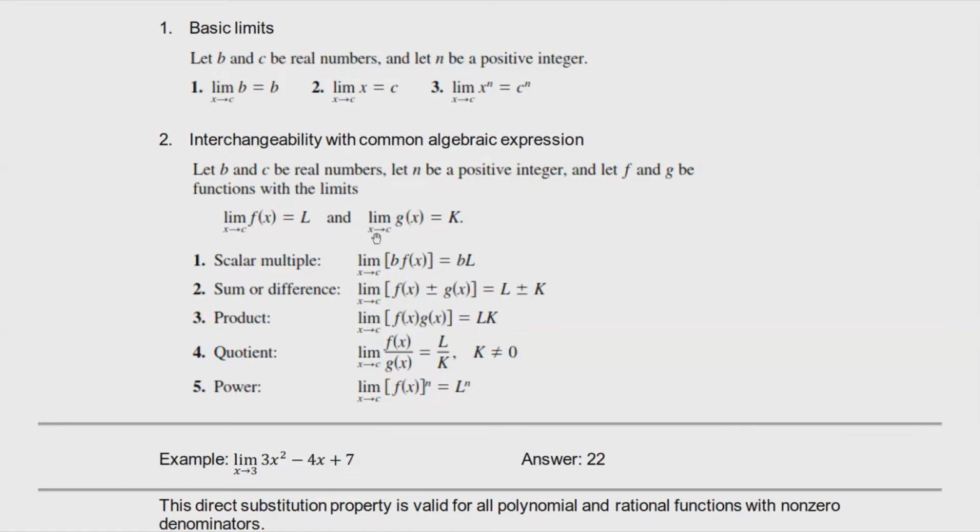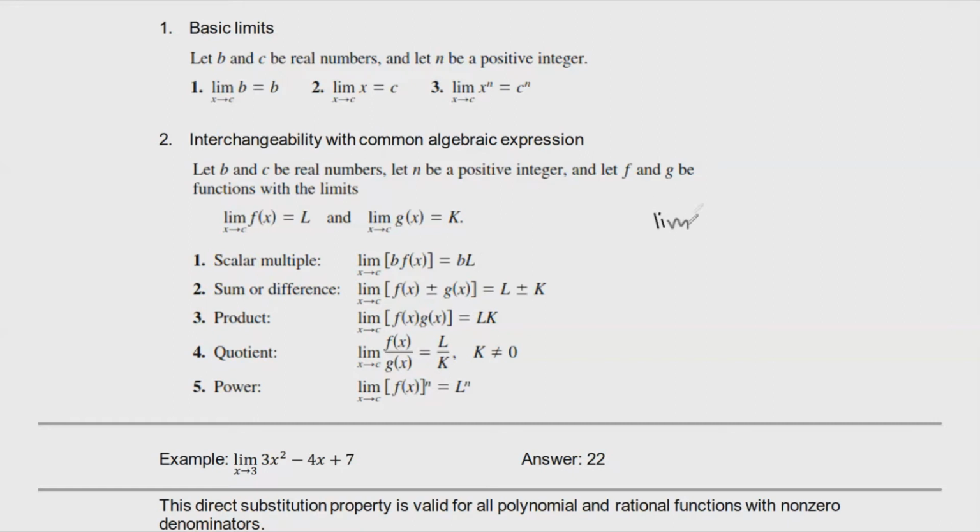Both of them are approaching c, and of course they will have different values of the limit, L and K. So the scalar multiple states that if the limit of b times f of x as x approaches c is evaluated, then the limit is b times L.